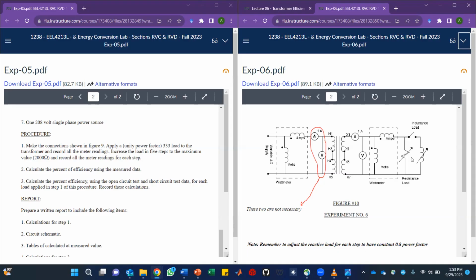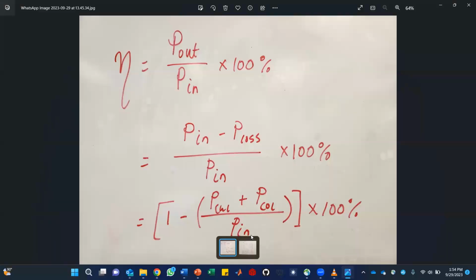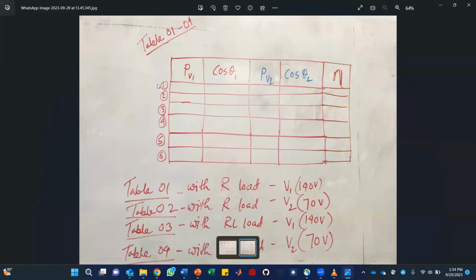And for inductive load, we know there is a dial, we can change it to increase the amount of inductance or capacitance. So we can change the value, and we will do that. I told you there are 2 steps for each experiment.